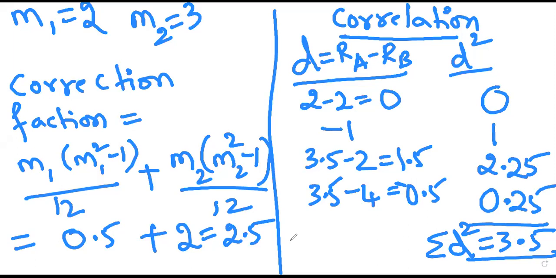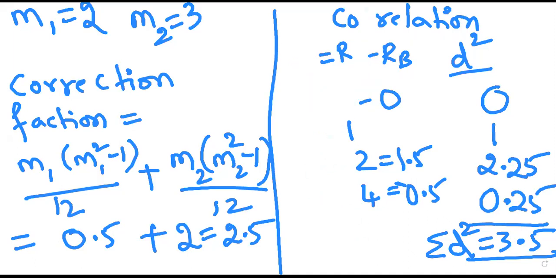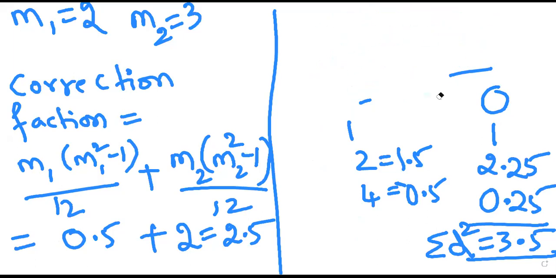Correct? Is it right? So are you getting the correction factor equal to this value, correct? Once this is done, next we'll determine summation d square.